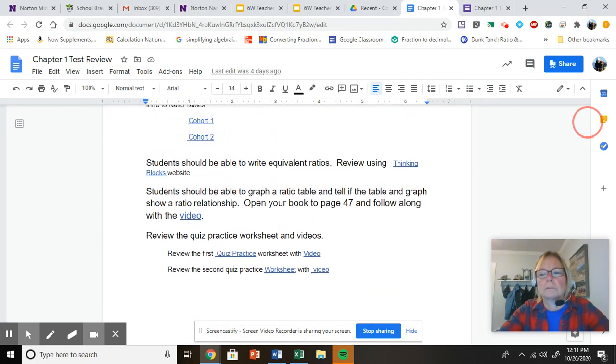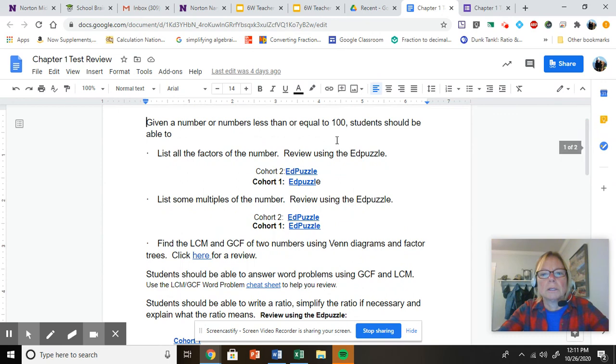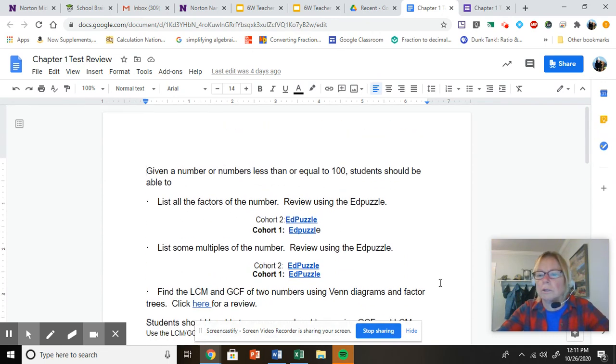Also included in the document are links to things that you can do to review each of these. These are just examples. There are other lessons, other worksheets, other pages in the books that we've done as well that you may use.